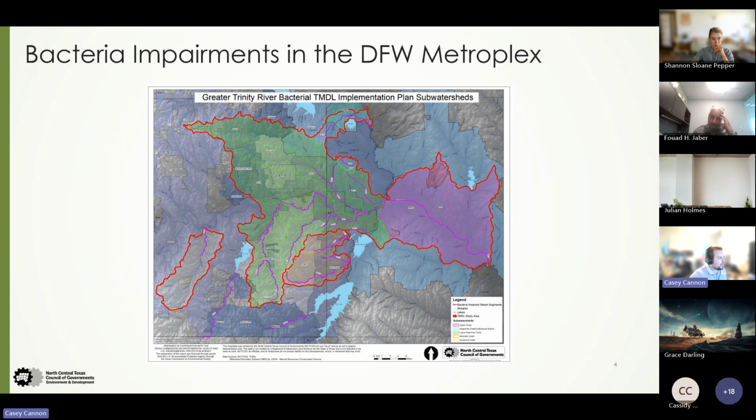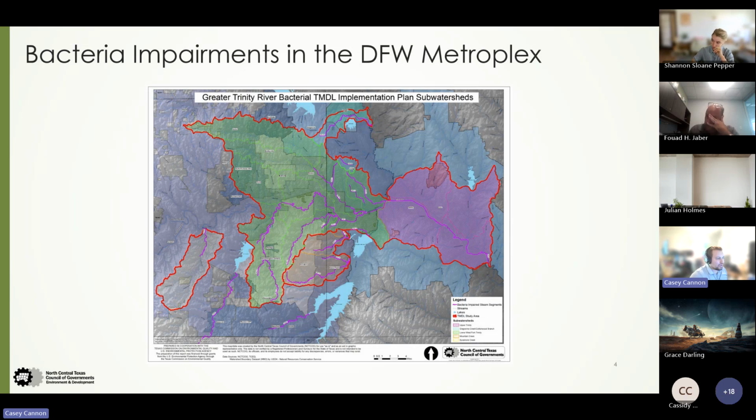On screen, you'll see a map of the Greater Trinity River region and the associated impaired segments of our watersheds in this region. For reference, there's a black line here down the middle. It might be hard to see, but this is the county line between Tarrant County and Dallas County. On the left is Tarrant County, which is where Fort Worth is, and on the right is Dallas County, which is where Dallas is.